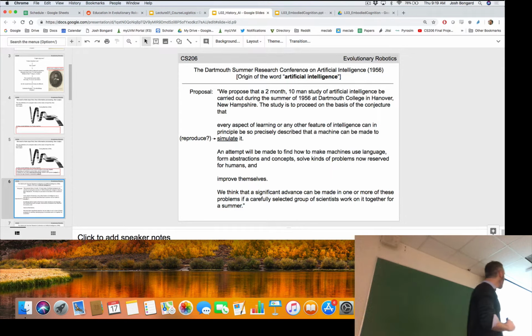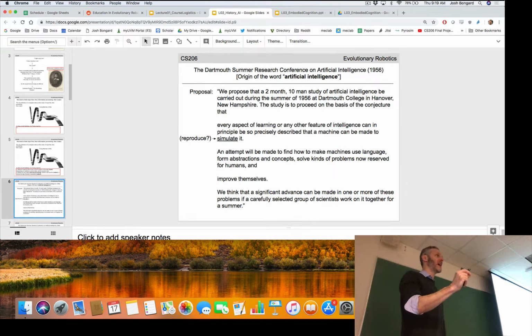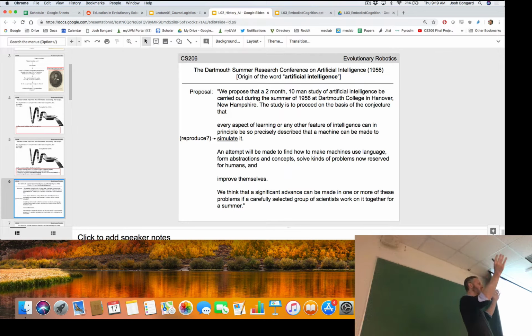Note here they're talking about the assumption that it can be precisely described. When we talk about the building blocks of intelligence, planning, thinking, pattern recognition, adaptive behavior, these are all very vague terms. Can we take those vague terms and sharpen them into a very precise description?